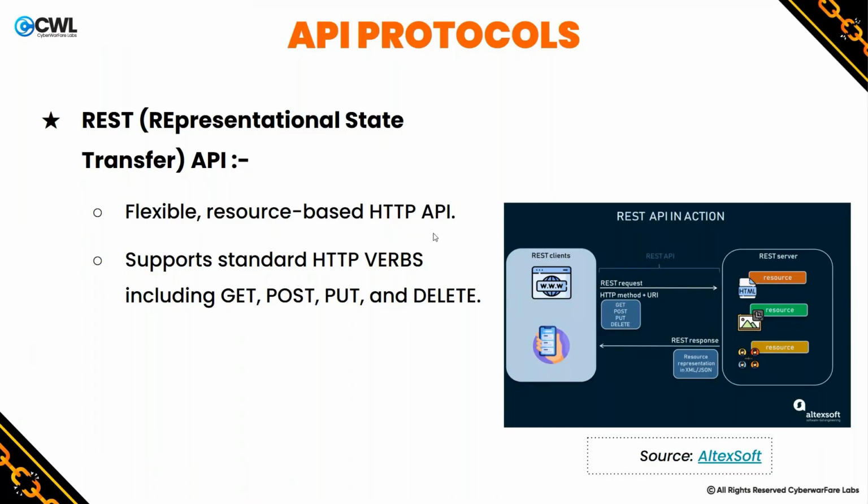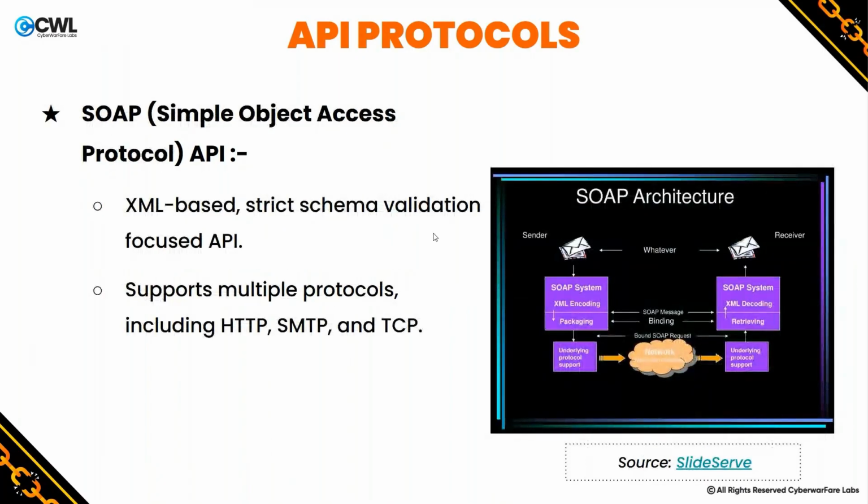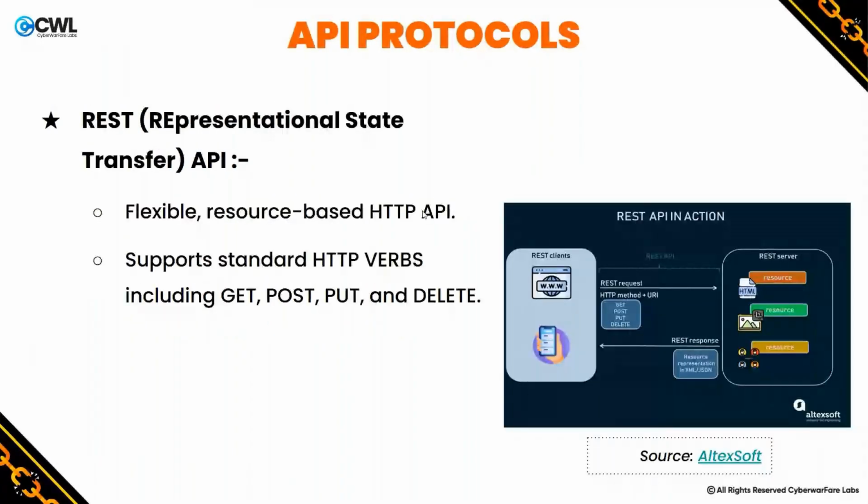Like, it is flexible. However, its counterpart, the Simple Object Access Protocol, SOAP, is a very strict protocol. So previously we saw that REST is based on HTTP and it supports all the HTTP verbs and different methods. Like we can use, let's say, application/json as the content type.